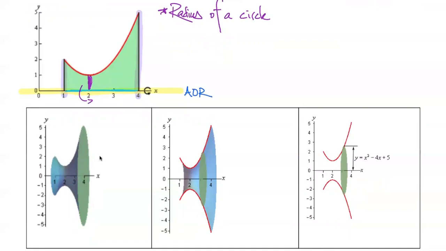And we can see here, if I look at 2 on these fancy 3D diagrams, that purple line is the same as the purple line I just drew. And that represents the radius of the circle at x equals 2.